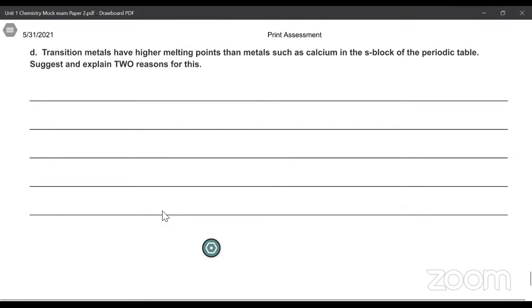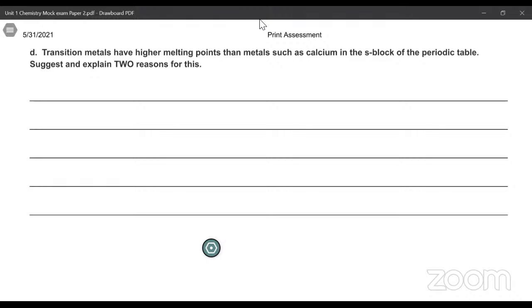Transition metals have higher melting points than metals such as calcium in the s block of the periodic table. Now, this has to do with the size of the cations, the ions or the atoms, really, that the transition elements possess.